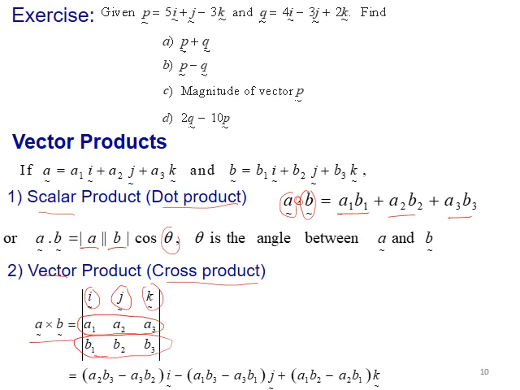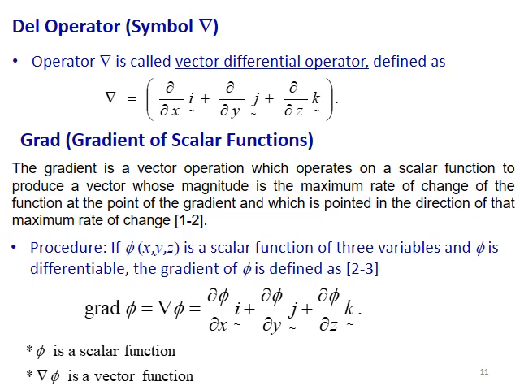If we want to find the i element, as you can see here, we hide the row and column which is part of i, and then we multiply a2 by b3 minus a3 by b2, and we apply it for j and k, repeating it again. But have a look here, we have i, j, k, so the cross product will produce a vector, so at the end you have a vector.